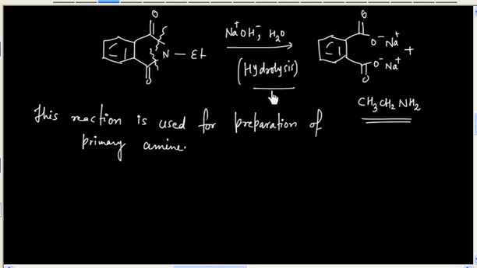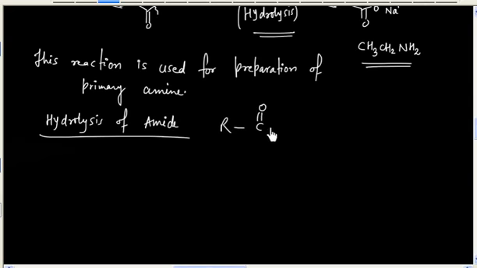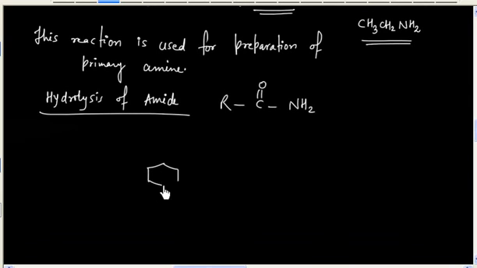Now the mechanism of the hydrolysis step is similar to the mechanism of amide hydrolysis. You may remember hydrolysis of amide. So N-ethyl phthalimide is also an amide.